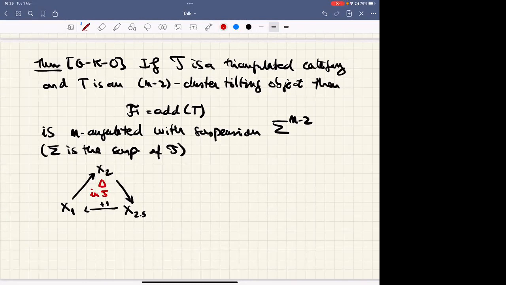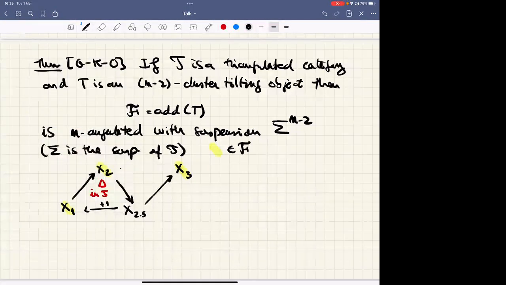And then this object here, because of the hypothesis of a cluster tilting object, we can embed it in a canonical way in an object here. Okay, all these objects I'm going to draw in yellow belong to F. So these things belong to F, and of course the arrows.